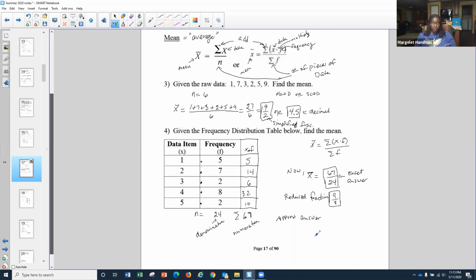I did. I put the wrong thing in there. 67 over 24. What did I put in there the first time? Oh, I know what I did. I pushed the wrong button. Won't that happen to you? 67 over 24. I need to recant this answer. So I put the wrong thing in the calculator the first time and got that reduced fraction. Doesn't exist. So I put an 8 instead of a 7. I knew something wasn't right.